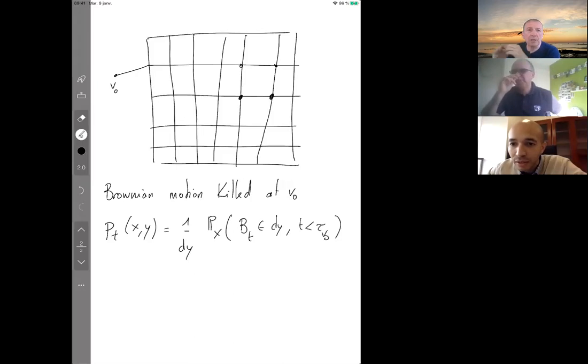Thank you. Elie, how does the Brownian motion decide along which edge to continue when it hits a vertex? Yes, so you take it uniformly. A way to construct it is just with excursion theory.